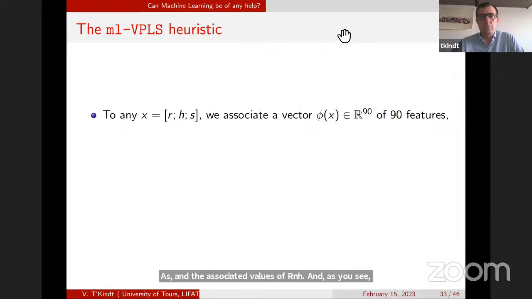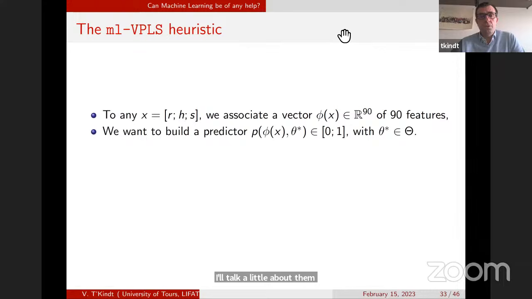I'll talk a little about them later on. And from this vector of features, phi x, we want to build a predictor P of phi x theta star, which returns a value between 0 and 1. And theta star is the vector of weights in my model. It's the vector of weights that I have to learn.